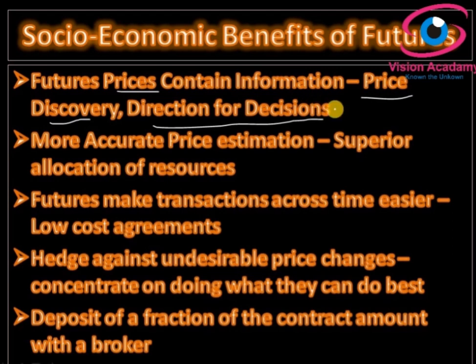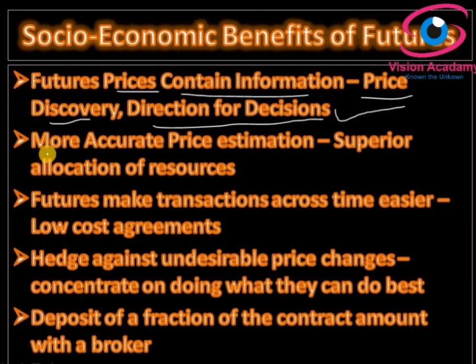In that purpose, futures contracts are very helpful for the investor's economic benefit. From this price information, you can predict how much you need to produce and the amount of storage you need to keep in your godown.